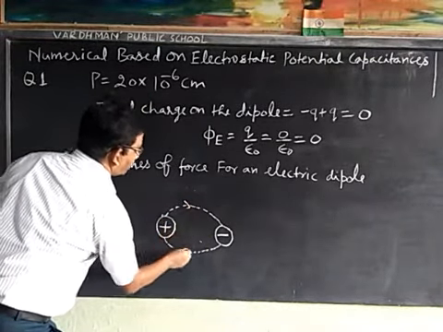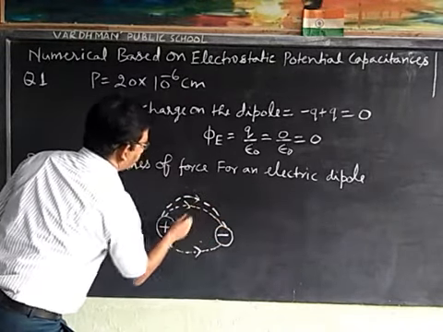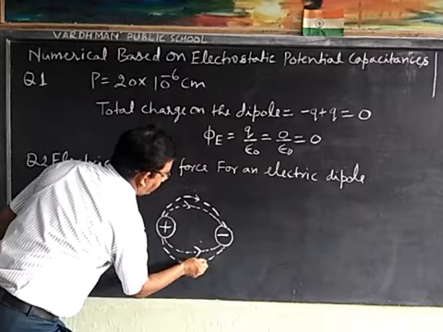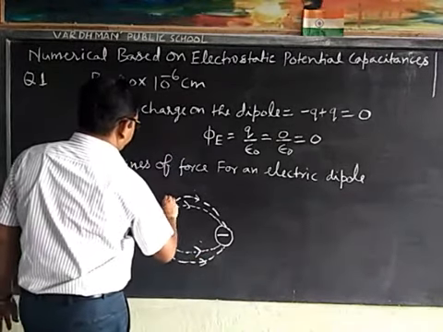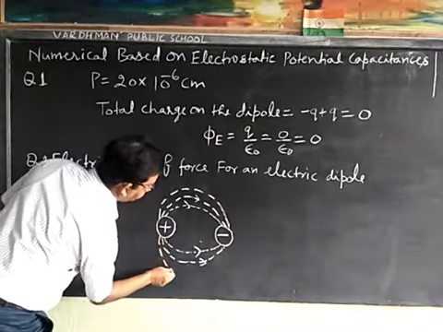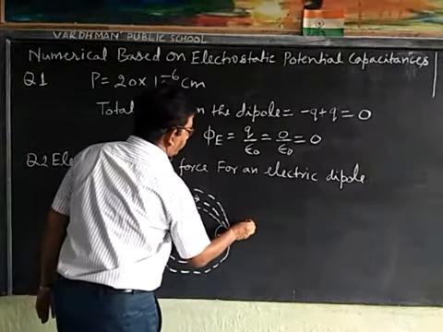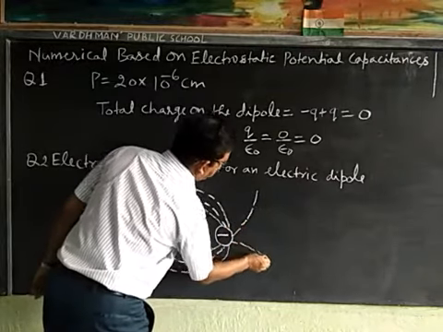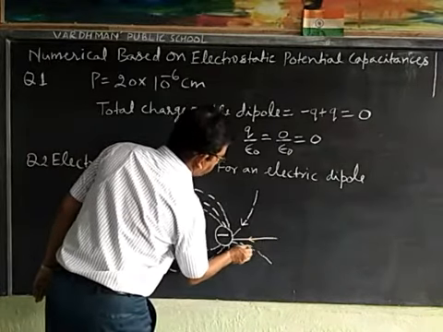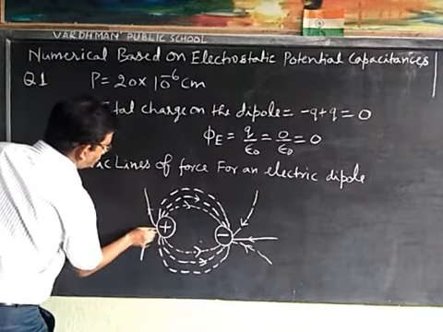These are the electric lines of force for an electric dipole, coming towards the negative charge and escaping from the positive charge.